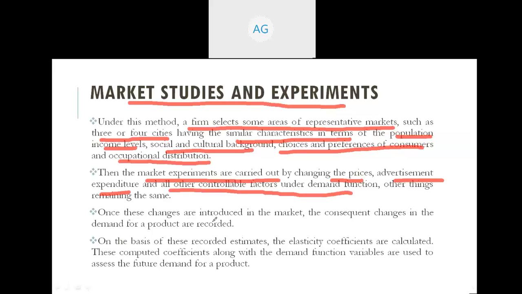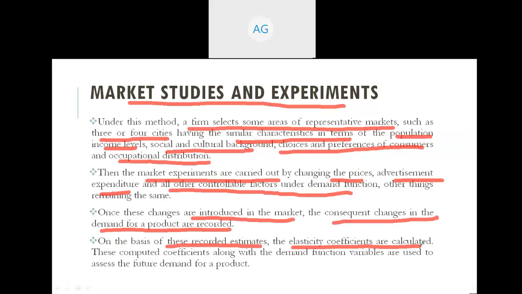So once these changes are introduced into the market, the consequent changes in the demand for a product are recorded. So on the basis of these recorded estimates, the elasticity coefficients are calculated, which we already discussed, the demand elasticity coefficients, and these computed coefficients along with the demand function variables are used to assess the future demand for the product.